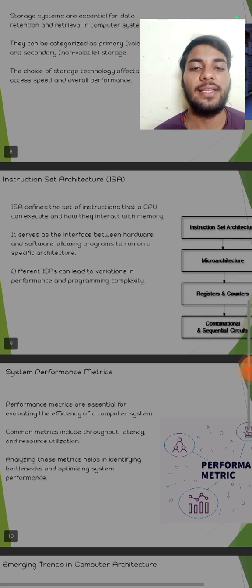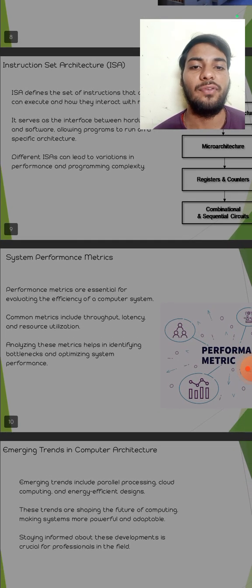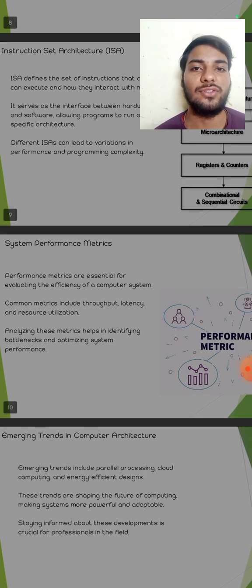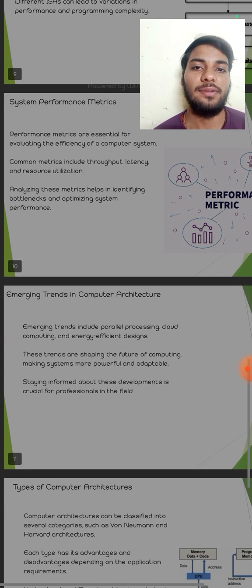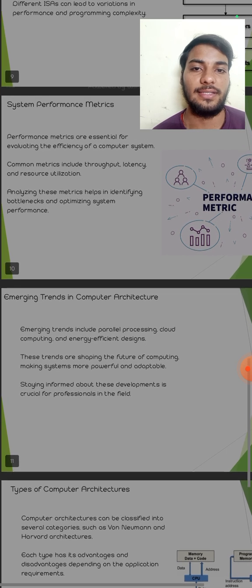Different ISAs can lead to variations in performance and programming complexity. That's why we have to use the same type of instructions to run any program and not get complexity problems in the programming.